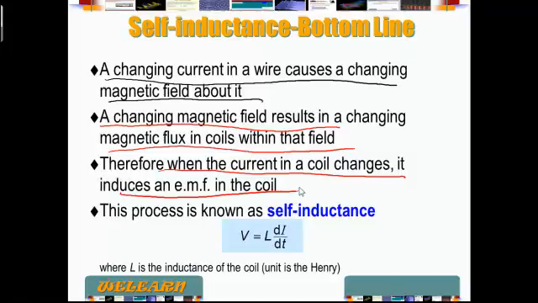That process, we call self-inductance. The induced EMF voltage is proportional to the change in current. You know, I omitted the minus sign here, but L being the inductance of the coil, the unit that we use for L when V is in volts, I is in amps, and t is in seconds, we call it Henry.